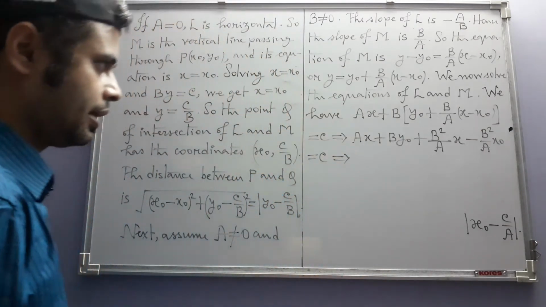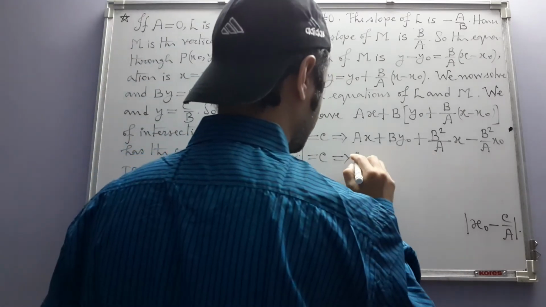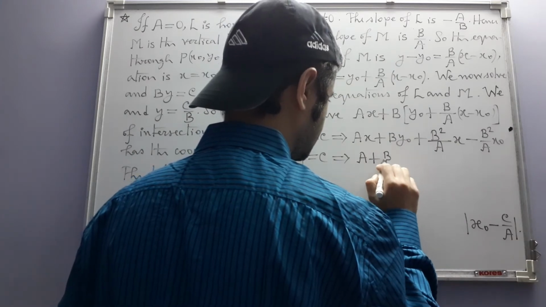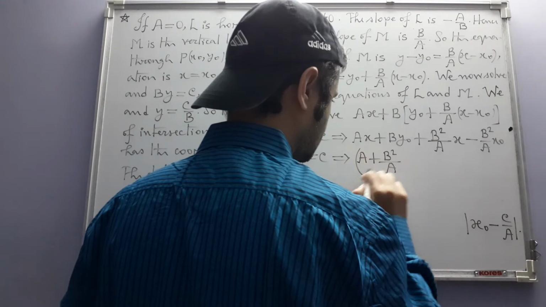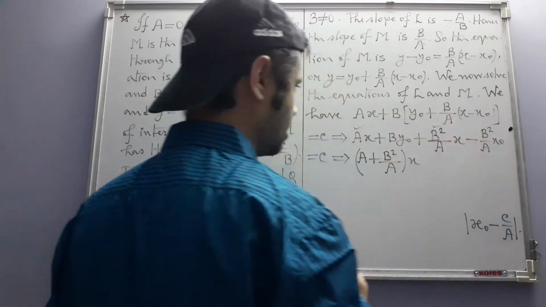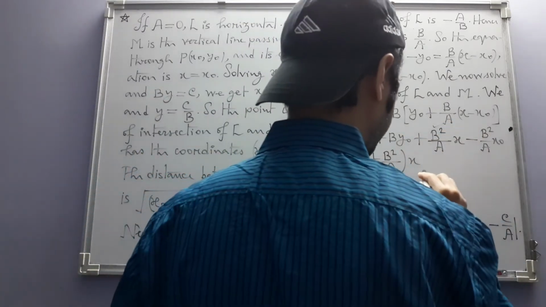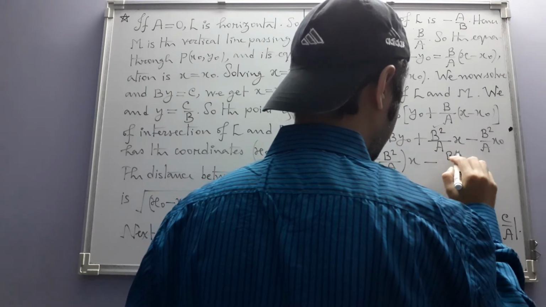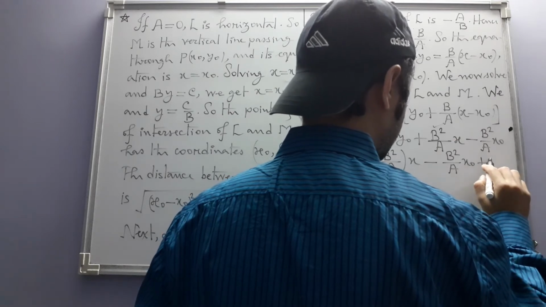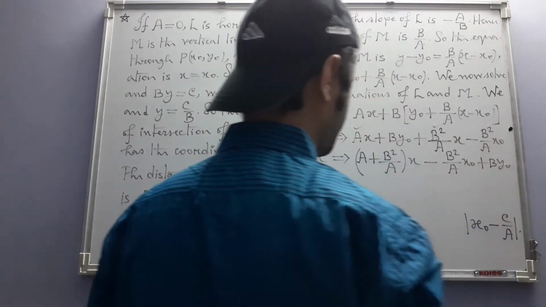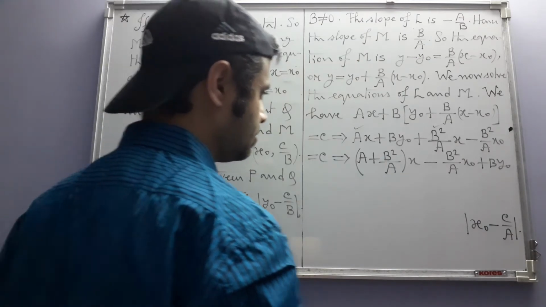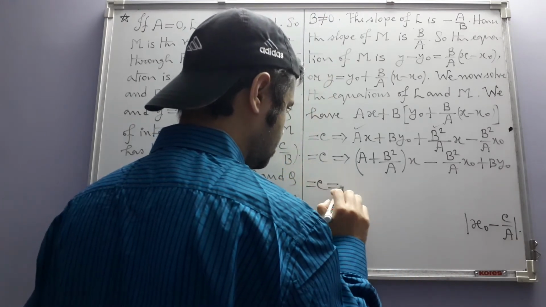So we take all the x terms together, this and this, that is a plus this times x. So we have considered this term and this term, and we are left with what? Minus b square divided by a x naught plus b y naught, equal to c.